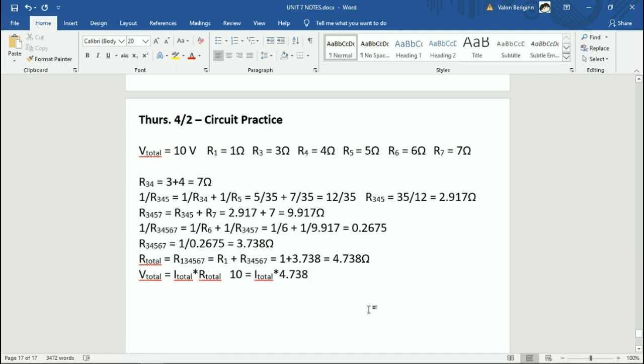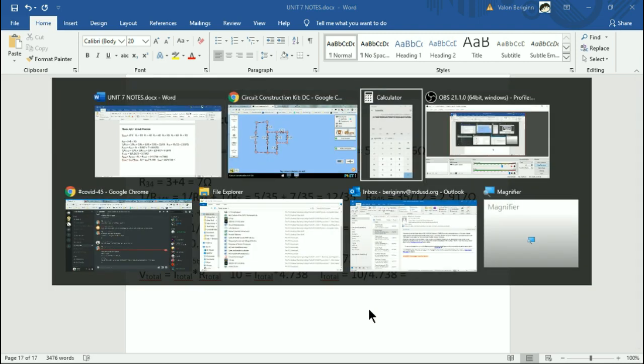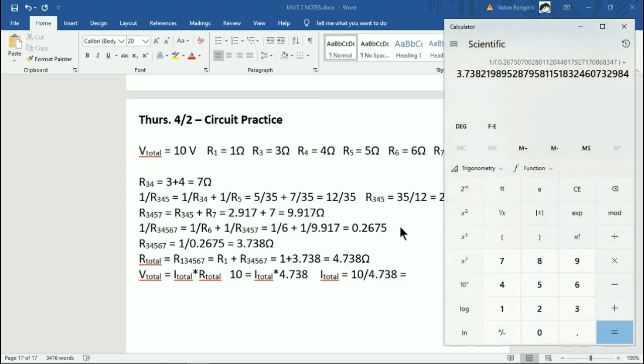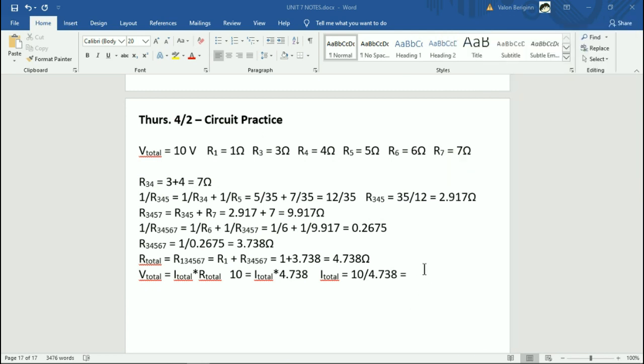So I total equals 10 divided by 4.738. It's dividing by 10, but then flipping it. Get there. 2.11. That is my total current, 2.11 amps.